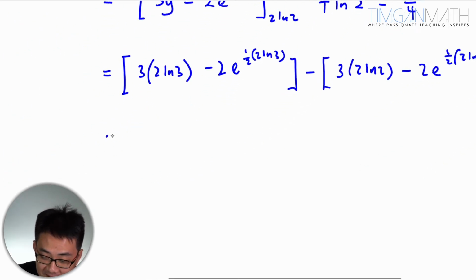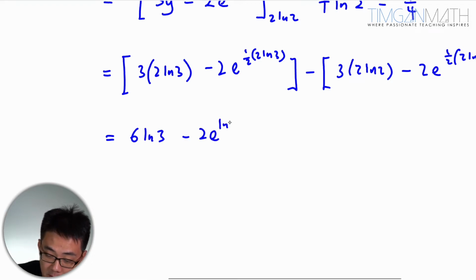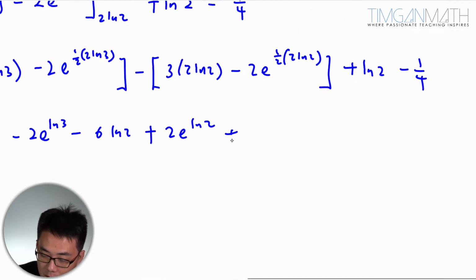Then I'll simplify this: 6 ln 3 minus 2e ln 3 minus 6 ln 2 plus 2e ln 2 plus ln 2 minus 1/4.